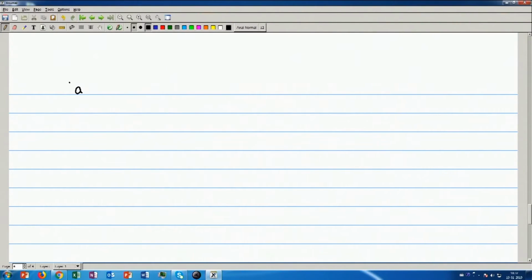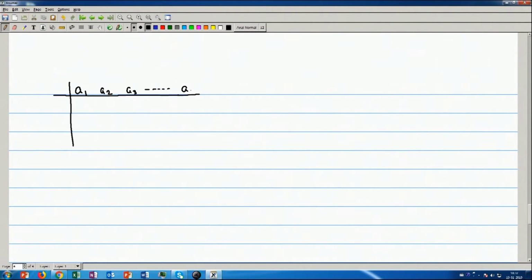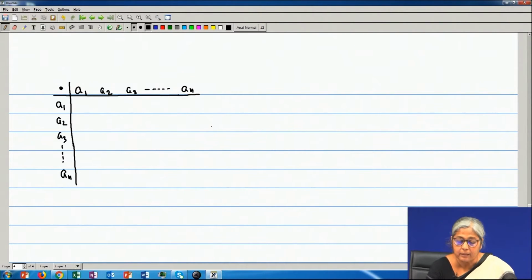So, I can write the matrix like this: A1, A2, A3 up to An, the operation we give here, and then again A1, A2, A3 and An, and this is an n by n matrix.